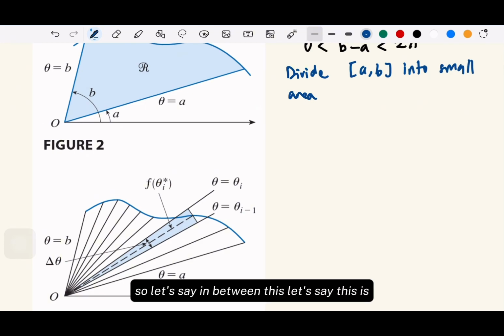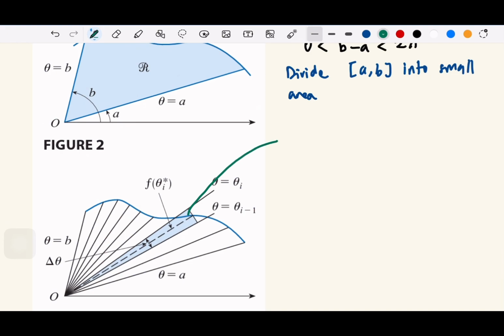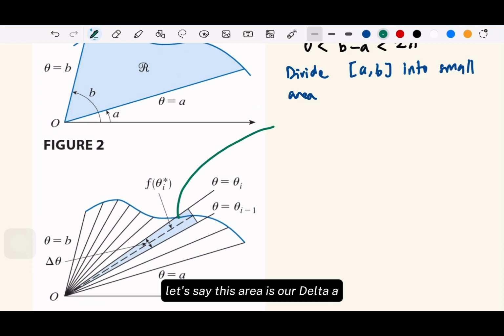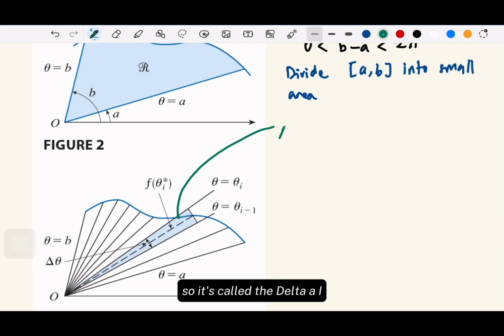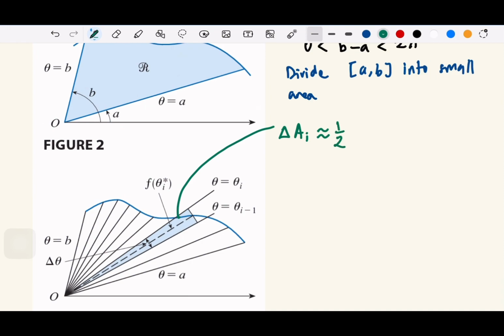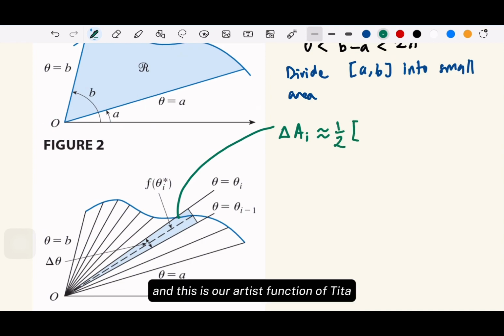Let's say in between this, this is maybe here. Let's say this area is our delta A, the small area that we have cut into pieces. So it's called delta A i, where i means it's sampling. Let's say it's approximated by half r squared, where r is a function of theta.